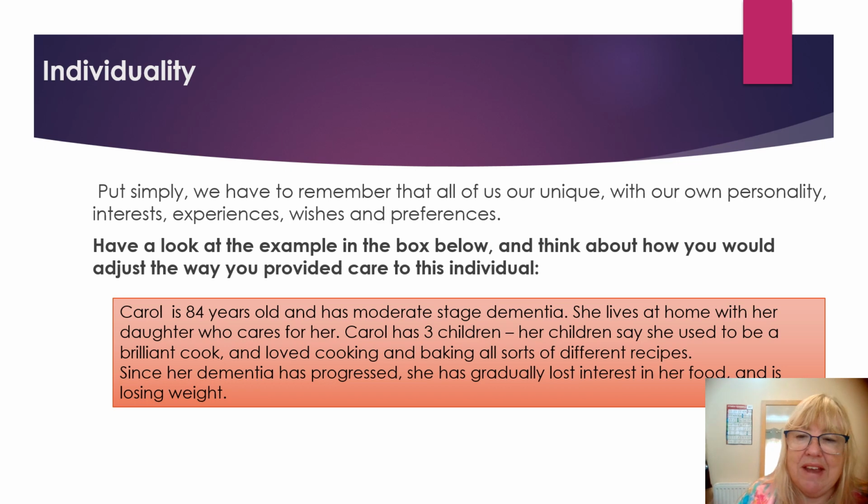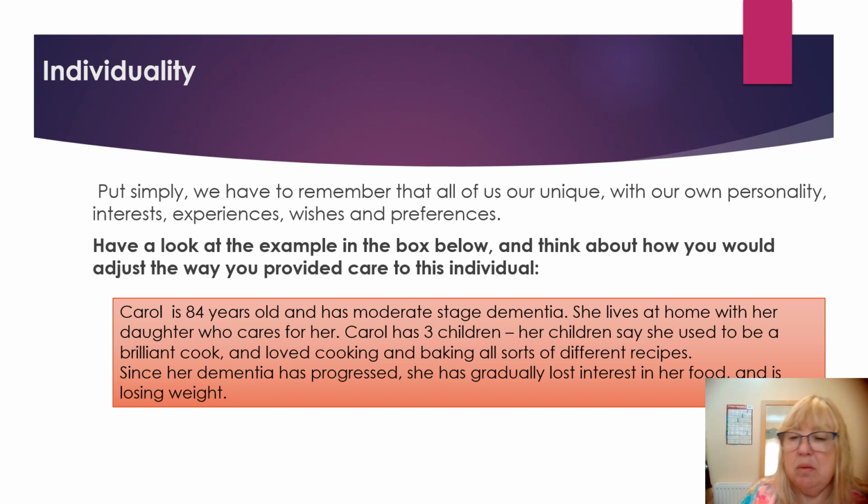So Carol is 84 years old. She has moderate stage dementia, so not extreme, not early stages, but in the middle. She lives at home with her daughter who cares for her. Carol has 3 children, one of them being the daughter that she lives with. Her children say she used to be an absolutely brilliant cook.